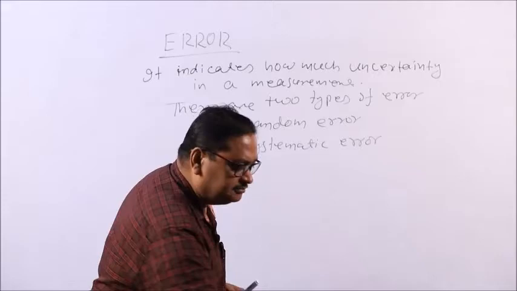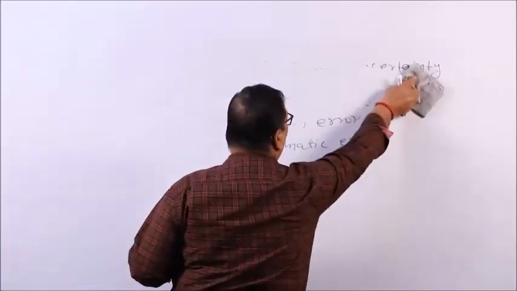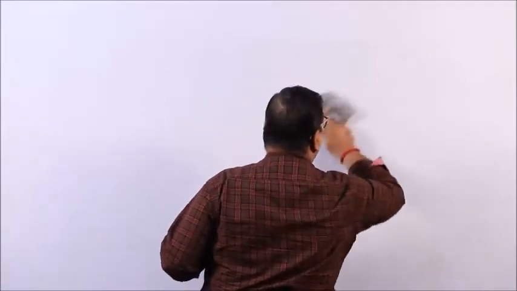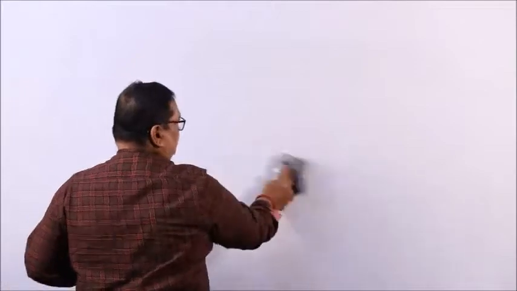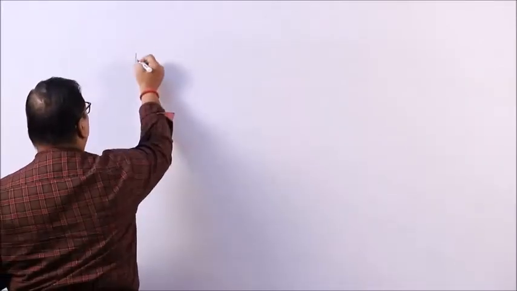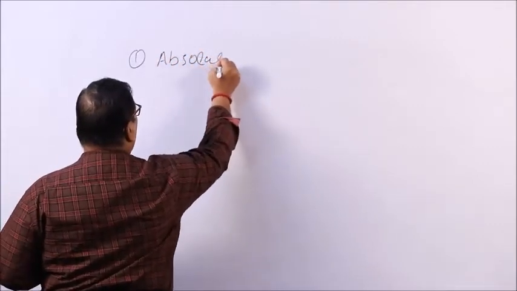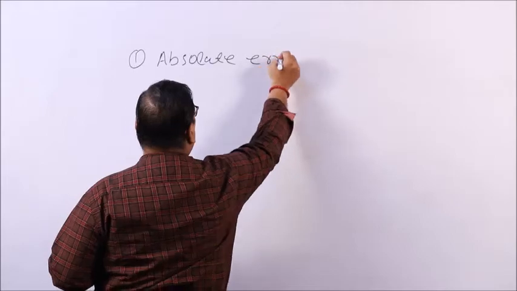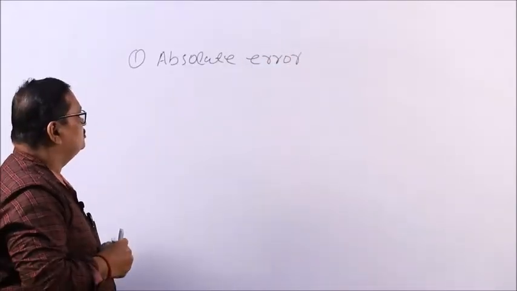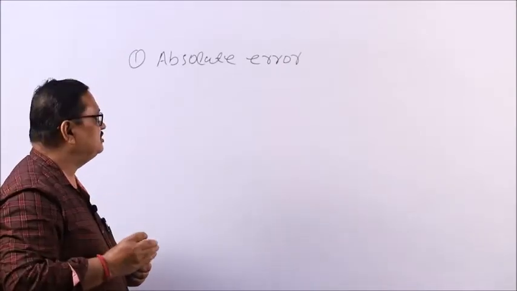Then there are other errors which are very important for measurements and also frequently required in mathematics. This is absolute error. There is a true value and there is a measured value.